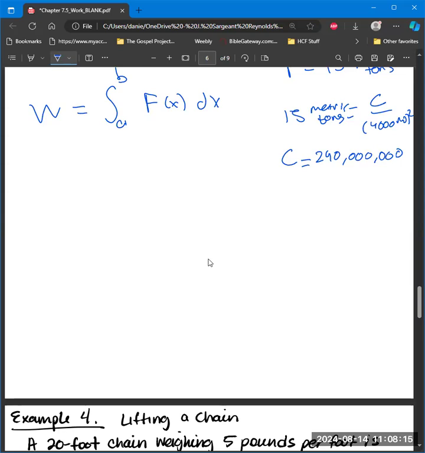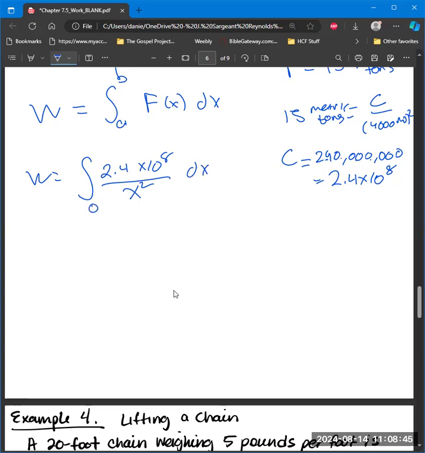And so W is going to be equal to 240 million. I'm going to actually write that in scientific notation, 2.4 times 10 to the 8th over x squared dx.